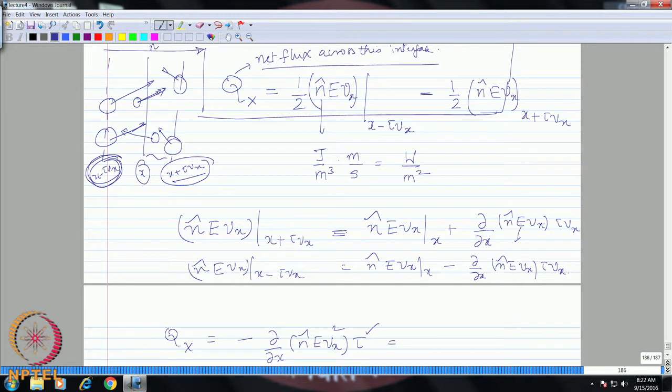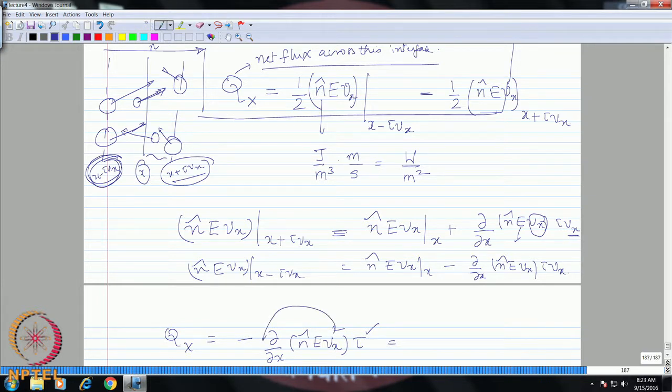We are assuming that the flux is transported by this velocity, and this velocity is fairly reasonably uniform. Therefore, to make this analysis simpler, this v square will be pulled out of the derivative, but this energy cannot be.